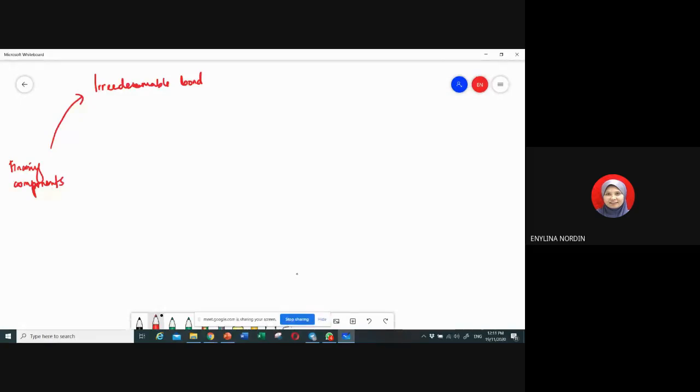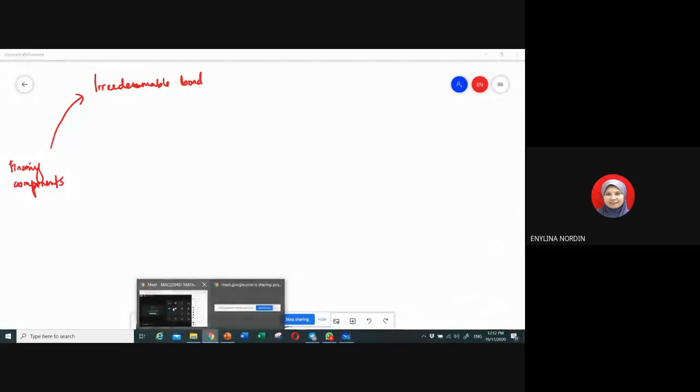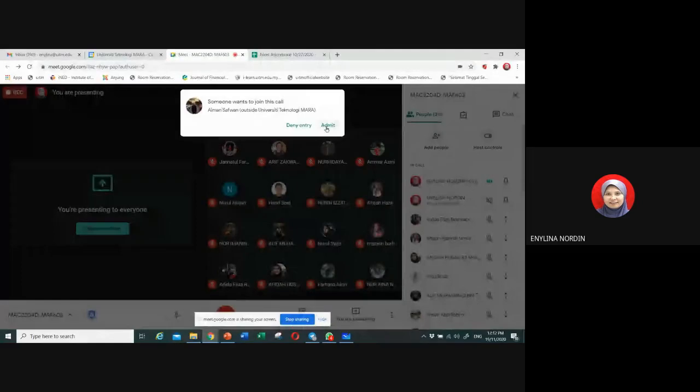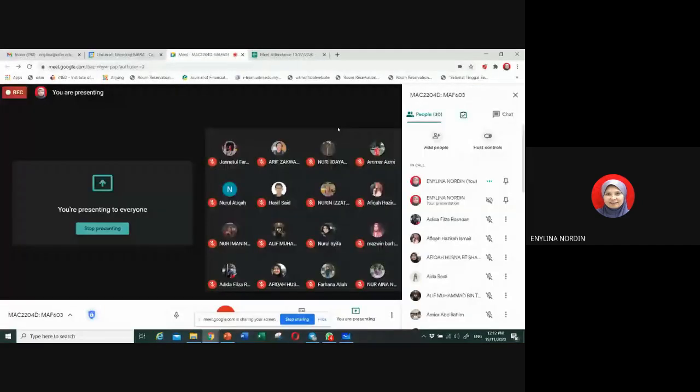If it's irredeemable, the bond has no maturity period, so it will be held by the bondholders indefinitely, and they will receive the interest from the company indefinitely.